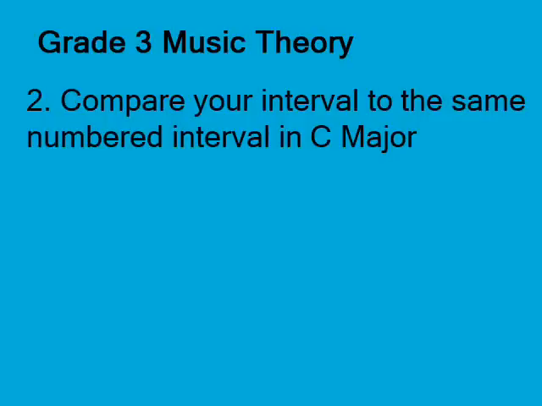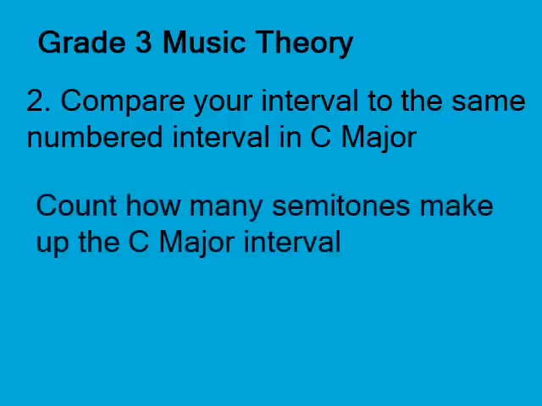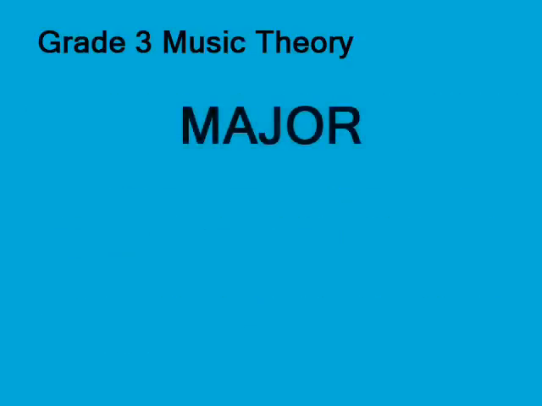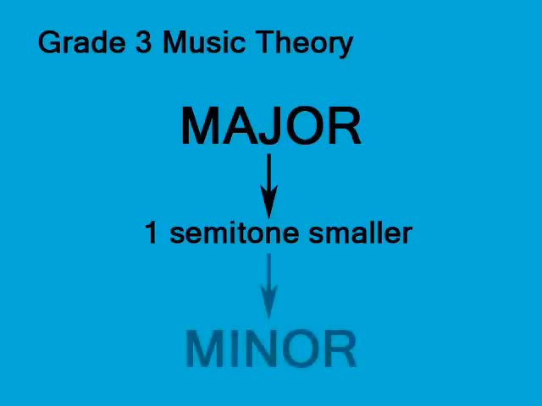So if you've just worked out your interval is a third, then compare it to a major third in C major. If you've counted yours to be a fifth, compare it to a perfect fifth in C major. Count up how many semitones make up the interval you're comparing it to in C major. Then count up how many semitones make up your interval. If a major interval has been made 1 semitone smaller, then it becomes minor.